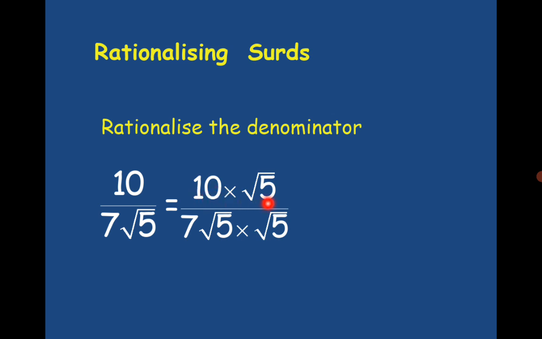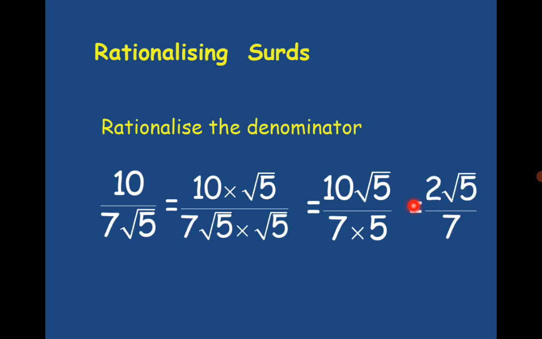So 10 times root 5 is 10 root 5. But root 5 times itself is 5. So 5 times 7 must give us 2 root 5 over 7. Take note that it's possible now, this time, for us to cancel 5 into 10. So 5 into 10 goes 2 times. Therefore, the result of rationalizing this is going to be 2 root 5 over 7.